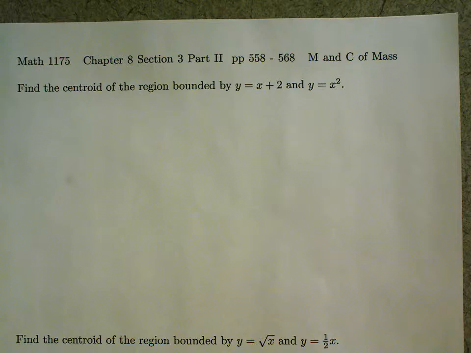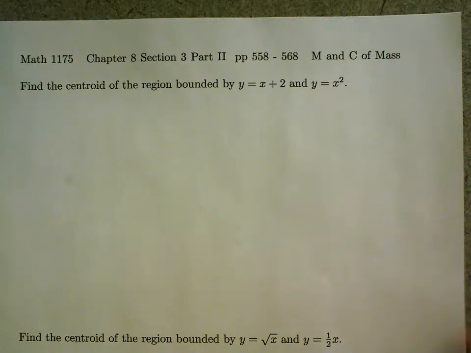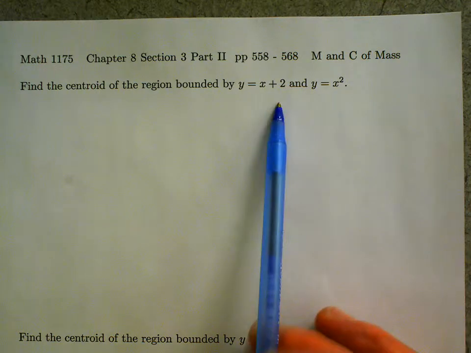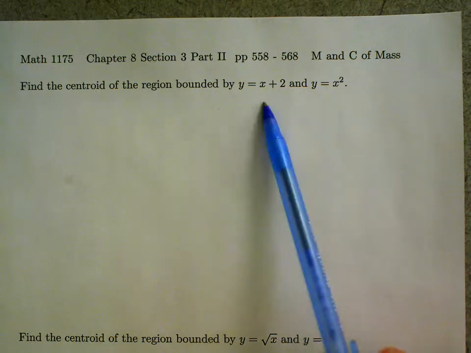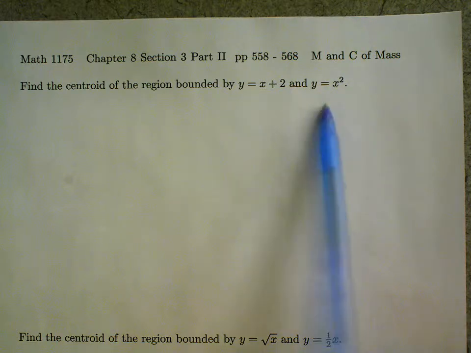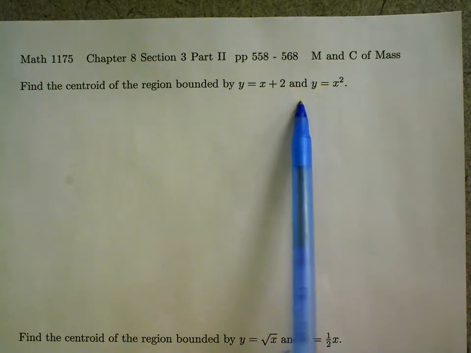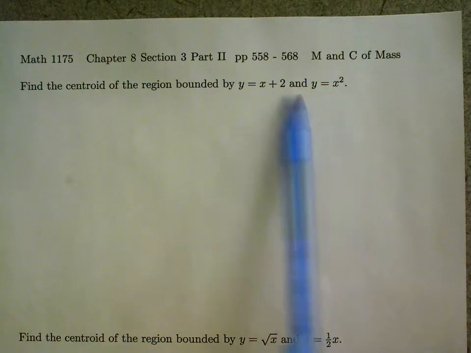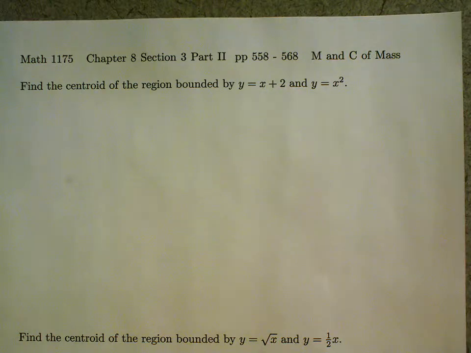Okay, but this one isn't too hard. There's a couple of ways we can determine the answers to those questions. An algebraic way is set the functions equal to each other and then solve for x. That tells you where the graphs intersect.